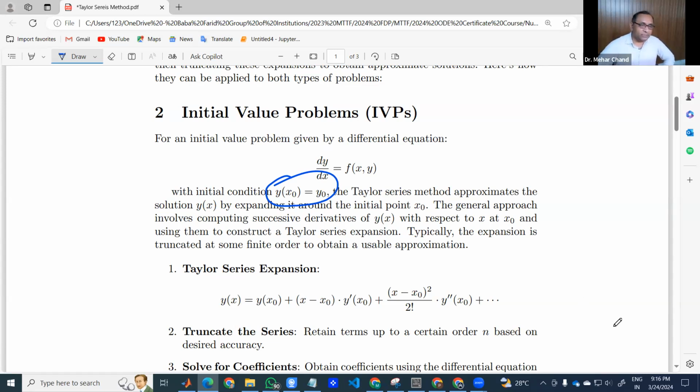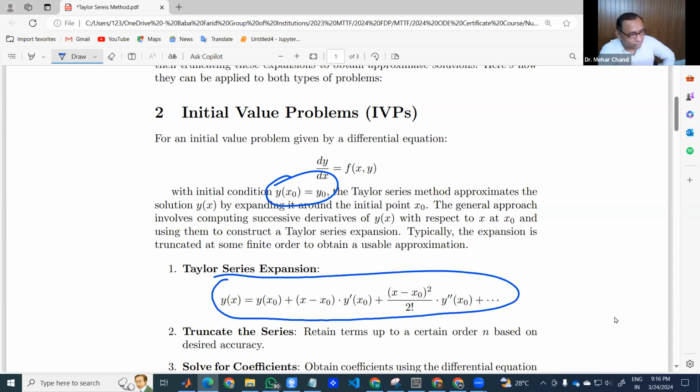All of us are familiar with the Taylor series, which is presented as y(x) equal to y(x0) plus (x minus x0) y'(x0) plus and so on. So this is the very familiar Taylor series, and by using this we can easily find the solutions of initial value problems as well as boundary value problems, and truncate the series.